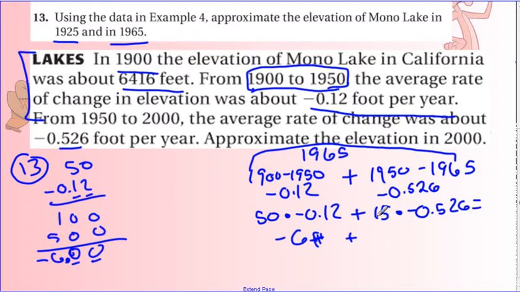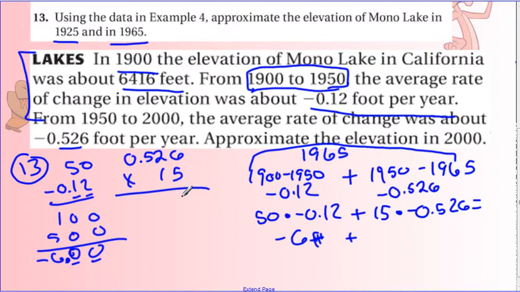The next 15 years, it went down by, I need more space, I think. I'm going to put the 0.526 thing up top. 0.526 times 15. I like putting the longer number on top, the one that has more digits. That's just my personal preference.